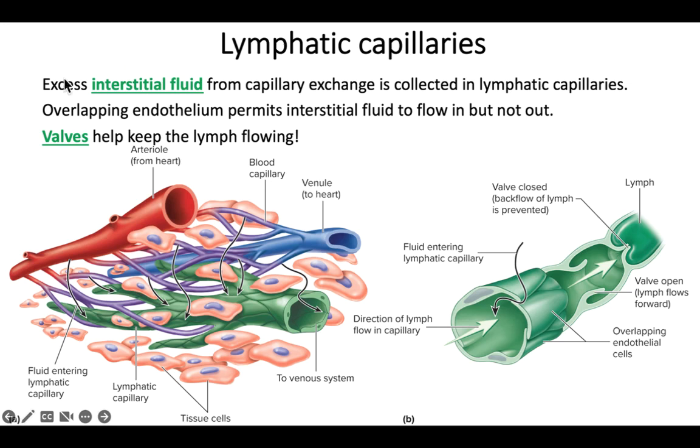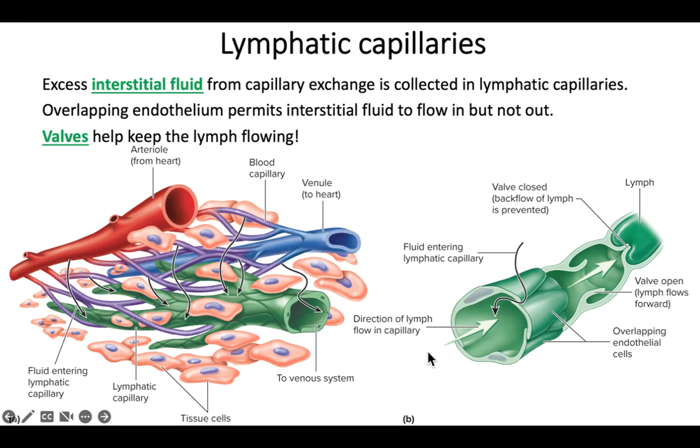So once we collect the interstitial fluid, we call it lymph. It's just in a different location. We can't call it interstitial anymore because it's not in between the tissue cells, so it's now called lymph. It enters through those overlapping endothelial cells. And then there are also valves. This is a very low pressure system, a lot like veins, where there's very little pressure. So to help that lymph flow, there's the presence of these valves.